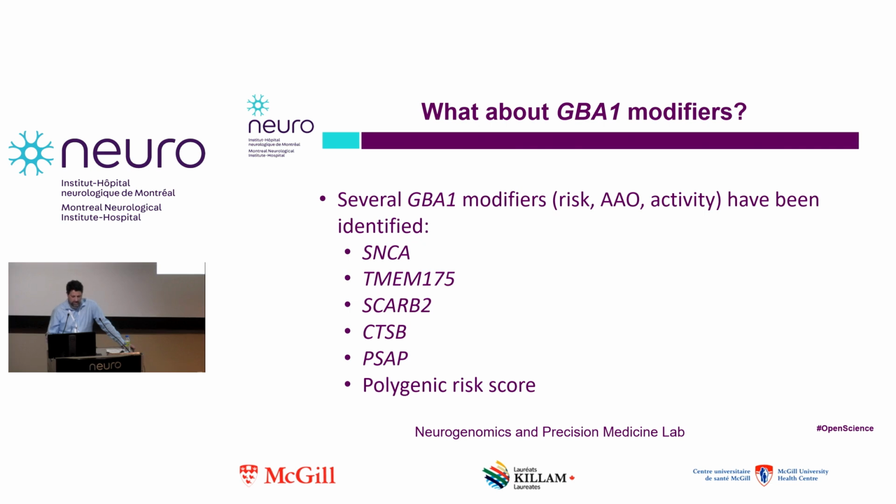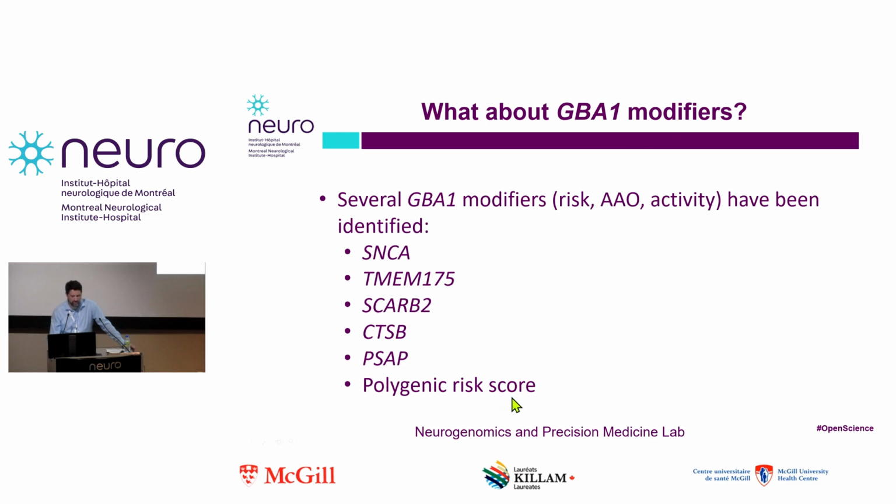The last thing I want to mention here are the modifiers. So we have these modifiers that I mentioned also in my previous talks, and they can relatively easily be taken into account when you design clinical trials. The variants in most of these genes are common variants, and therefore analyzing for them and making sure that the arms of the trials will be balanced is relatively simple as well.